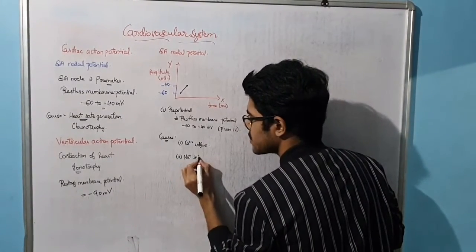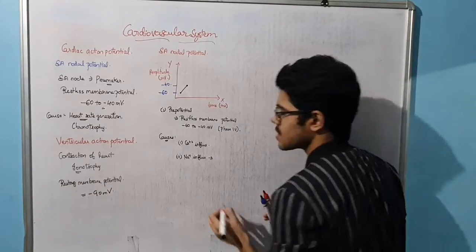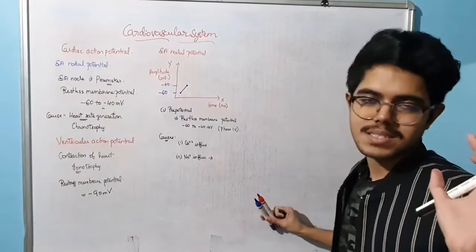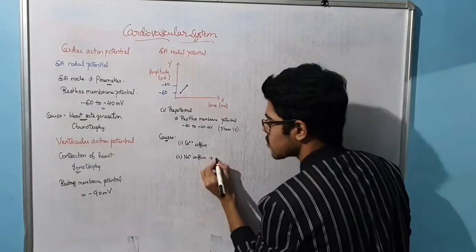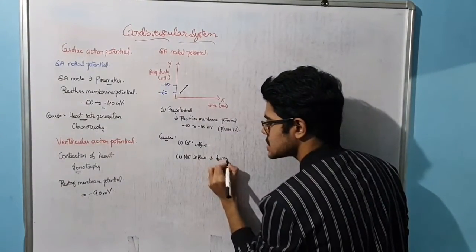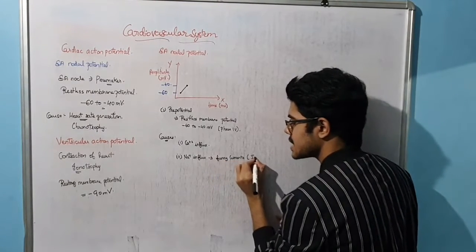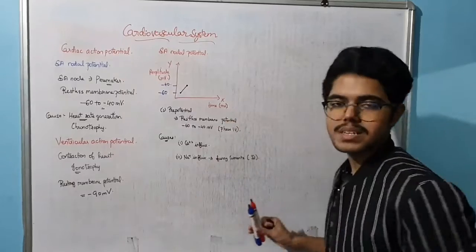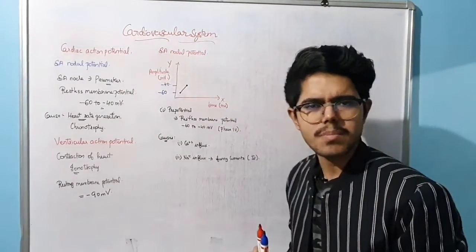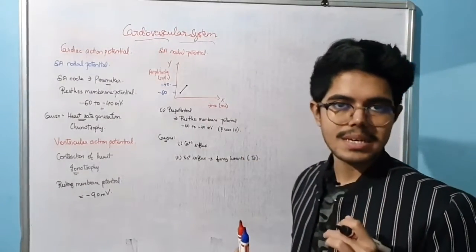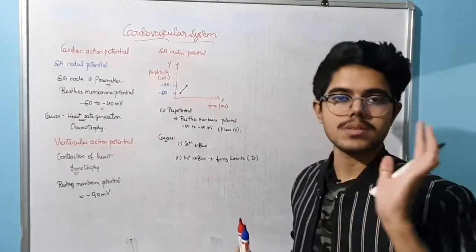How does this sodium influx occur? Because of an important current that we call the funny current. Yes, it is because of the funny currents that we get sodium influx. Understand? Very important. So calcium influx and sodium influx are the causes of the pre-potential.